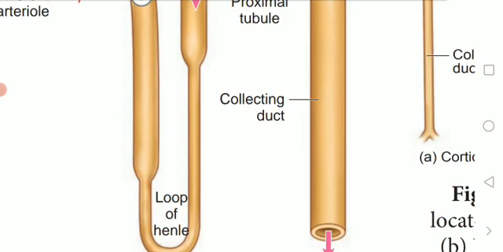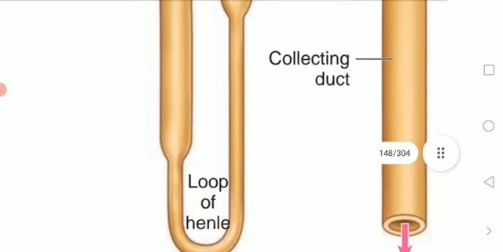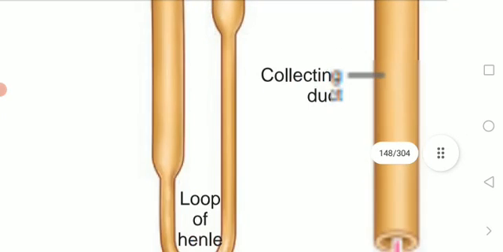The next one is the descending limb. This part, okay, the loop of Henle is permeable to water. The descending limb, I'll show you. I'll show you one diagram.